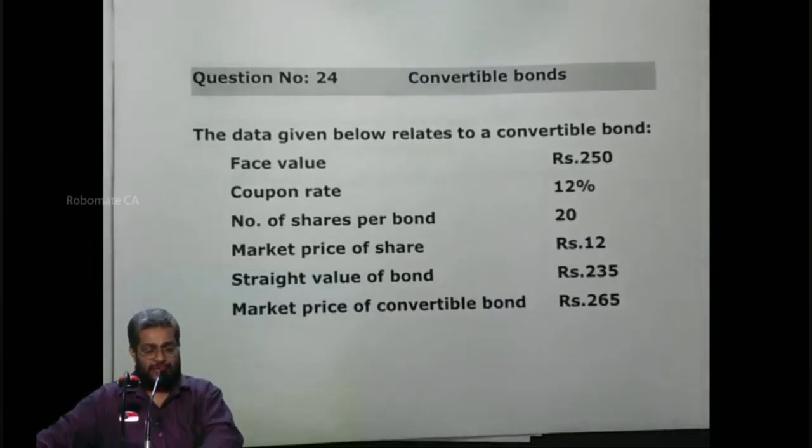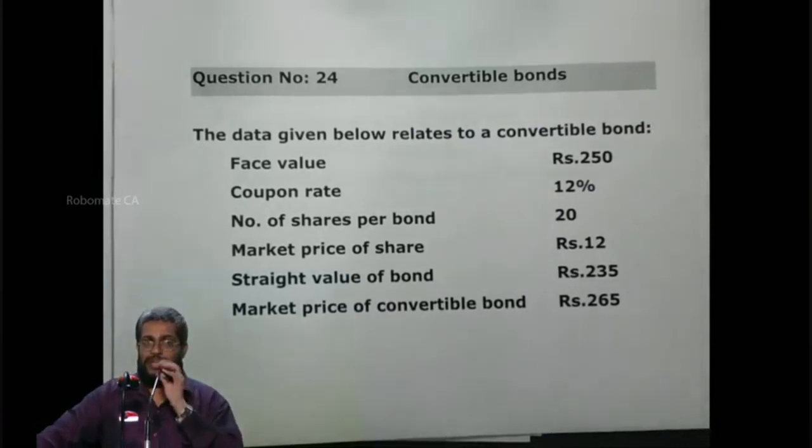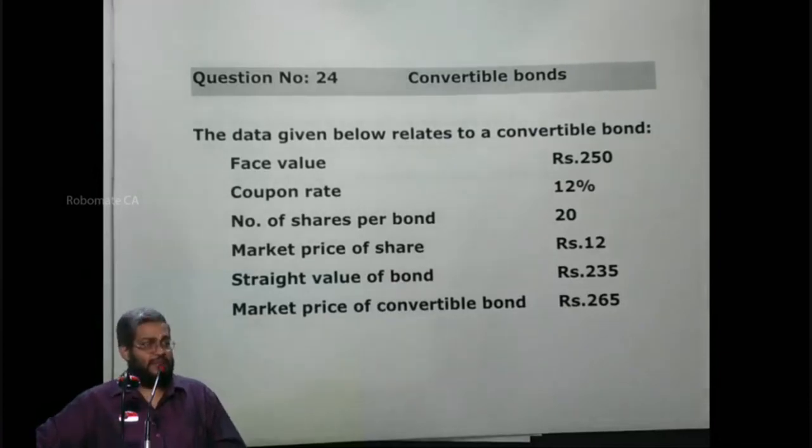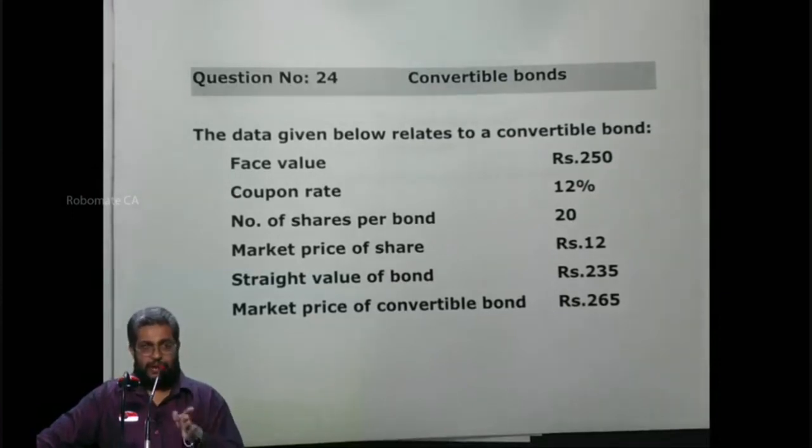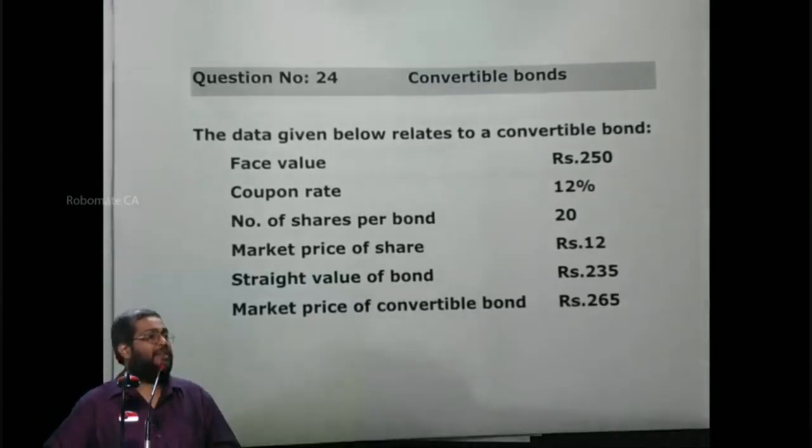Convertible bond value minus straight bond value divided by convertible bond value into 100, obviously, into 100, is equal to 265 minus 235 divided by 265 into 100. How much percentage here? 11.32%. That means if the share even becomes worthless, the maximum downside fall expected is how much? 11.32%. Everybody, are you comfortable or not?